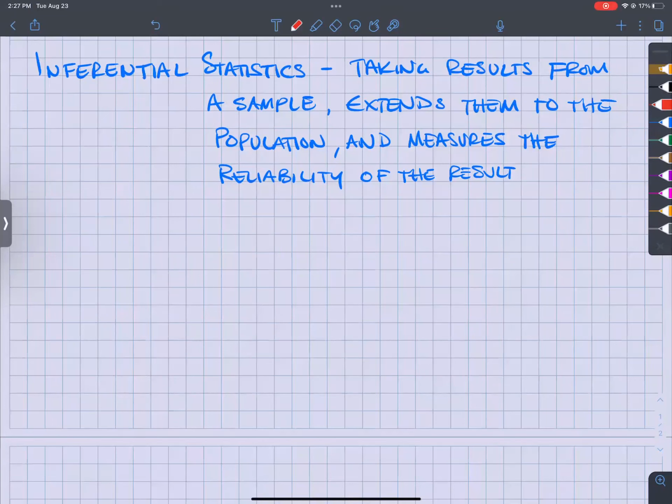And a lot of the statistics that we receive are inferred. It is inferential. Let's say it's the Grammys, and they say there were about 28 million people watching it.